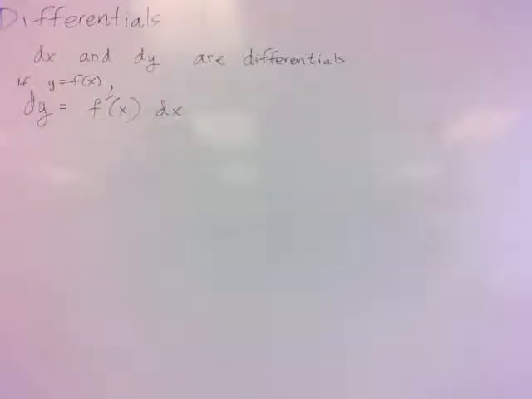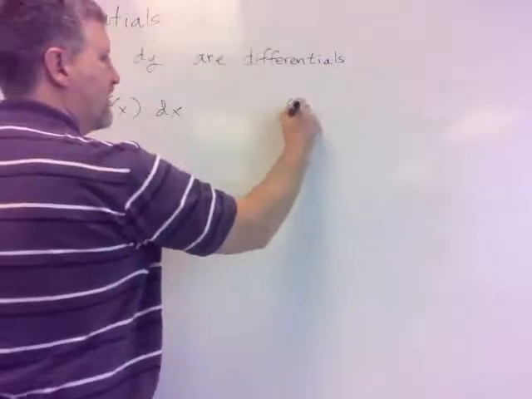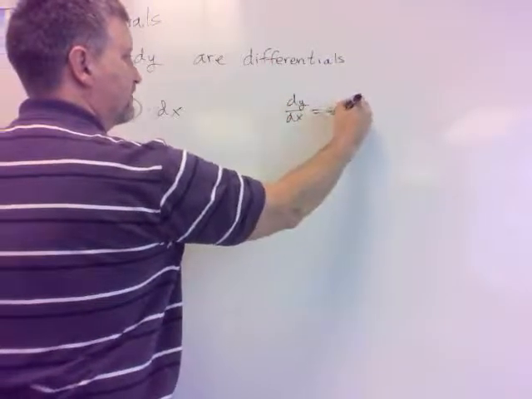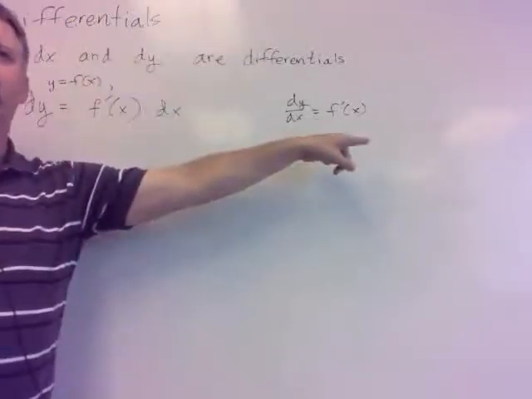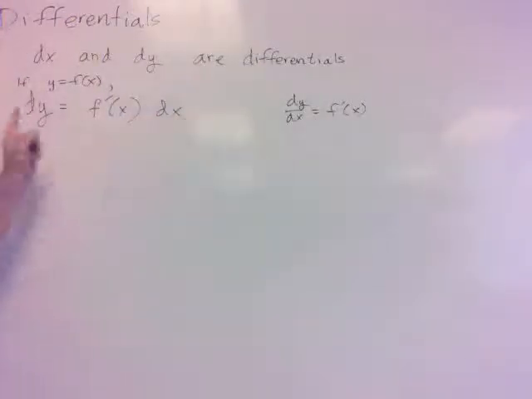And do you want to know where that comes from? Dy dx, isn't that another name for the derivative? If I multiply both sides by dx, what do I get? Dy equals f prime times dx. Okay, that's basically where it comes from.